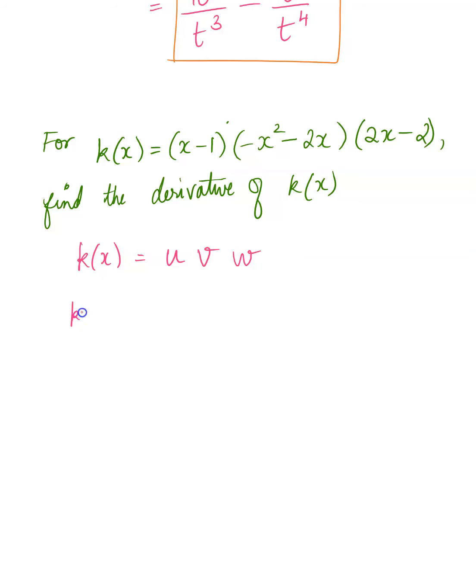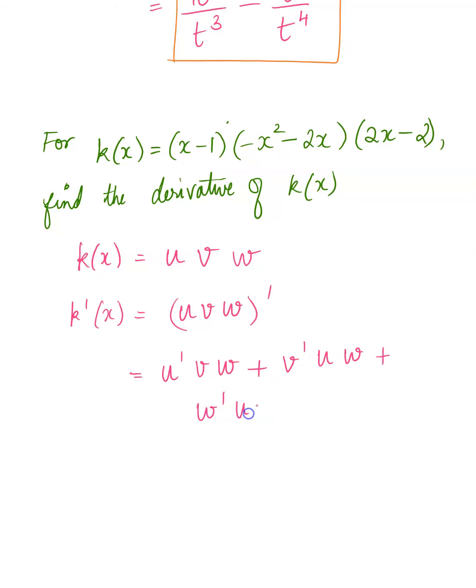So if I have to find k prime of x, that is done by doing this. That will be derivative of the first one times v times w, plus derivative of the middle one times u times w, plus derivative of the third one times u times v. That's it. So that is what we're going to do here.